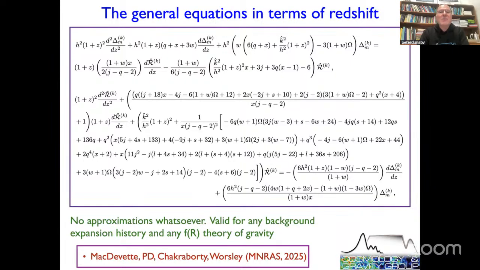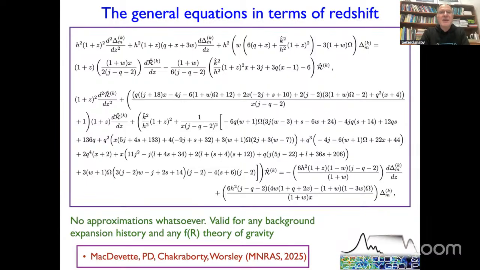Now, why is that important? Why is that useful? Well, what we can now do with this approach is test the rigidity of, the applicability of the various approximations that are used to study the growth of large-scale structure in f of R gravity.